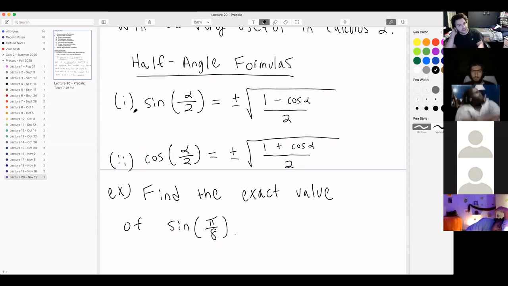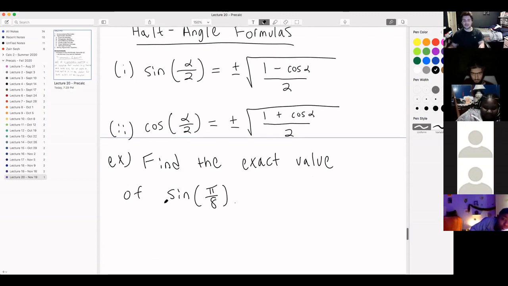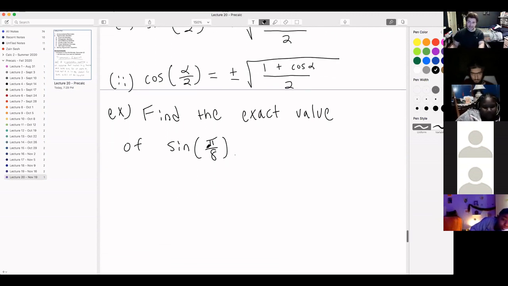I need to realize pi over 8 as something over 2. Because look at what this half angle formula calls for. It calls for sine of something over 2. So I need to rewrite pi over 8 as something over 2. And hopefully that something is a known value. It's one of our nice trig values.